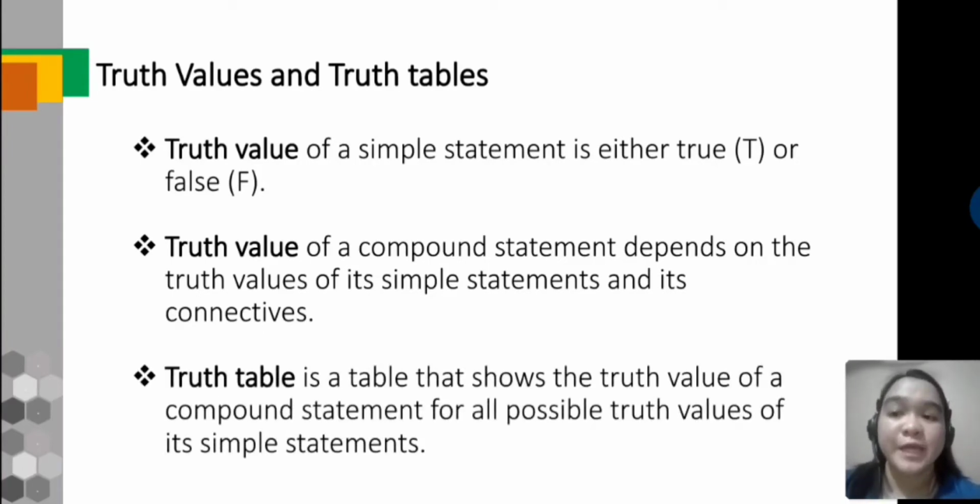The truth table is a table that shows the truth value of a compound statement for all possible truth values of its simple statements. So, we'll look first at the truth tables for the 5 logical connectives.